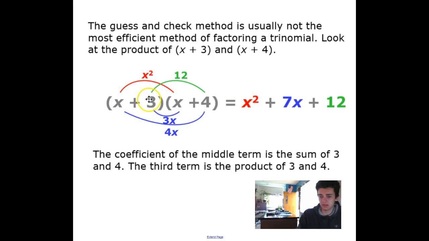If you see in this example, when they FOILed it, 3 times x is 3x, and 4 times x is 4x, and 3x plus 4x is 7x. So you're looking for terms that multiply together to equal 12, but also add together to equal 7.